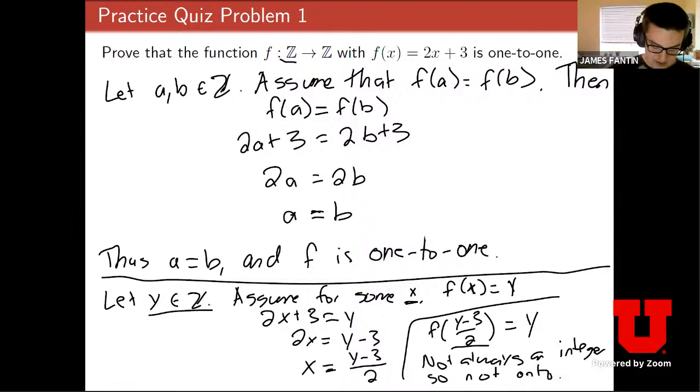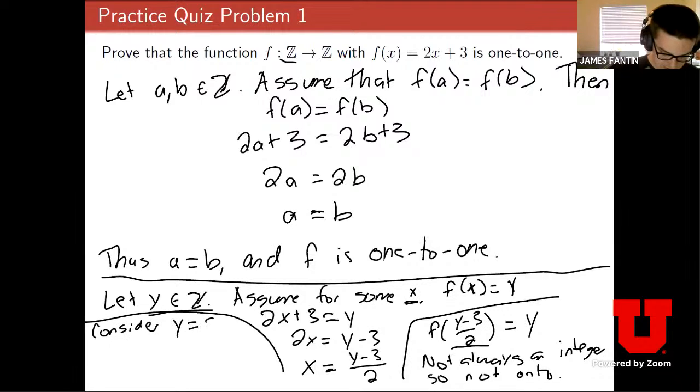And if we wanted to give a specific counterexample, I'll write it over here. We could say, consider y equals 2. What did we just show? f of negative 1/2 is equal to 2 times negative 1/2 plus 3, which is equal to 2, but negative 1/2 is not an element of Z. So not onto.